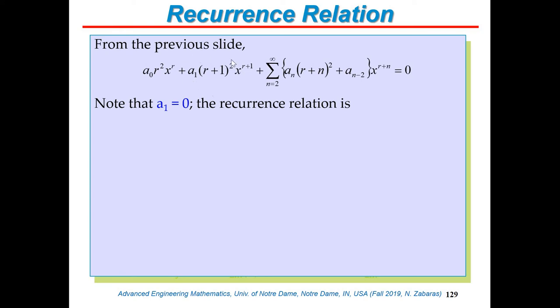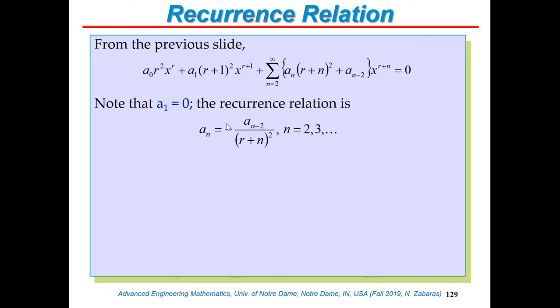Can you see this? This whole thing has to be 0, but we set r equal to 0, so the only way for this to be the case is for a1 equal to 0. And then for this bracket to be 0, the coefficient of x to a power r plus n to be 0, we need to have this.